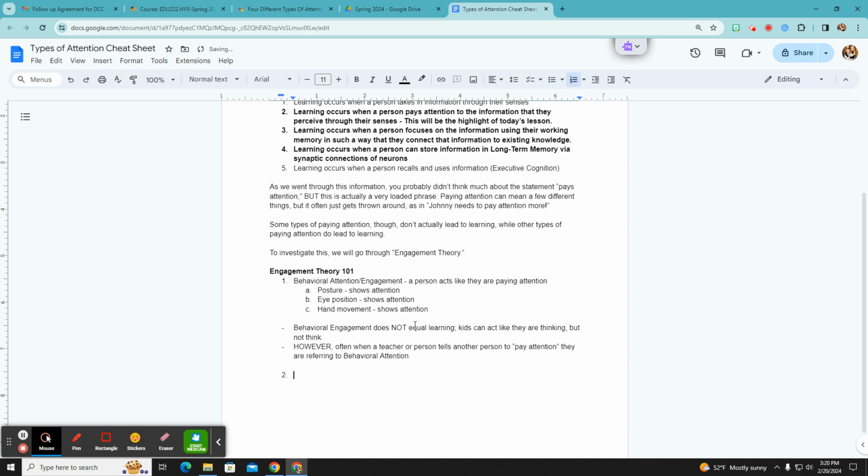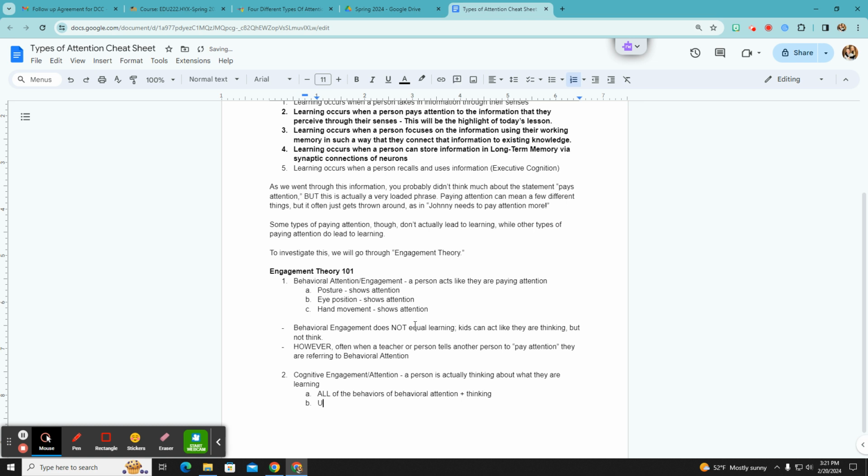The second one is cognitive engagement / attention. Okay? This is a person who is actually thinking about what they are learning. Okay? So this is typically all of the behaviors of behavioral attention plus thinking.